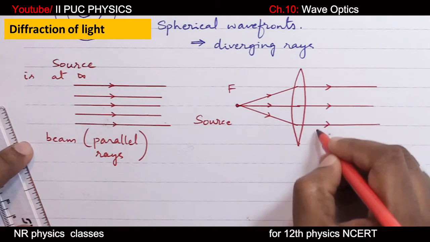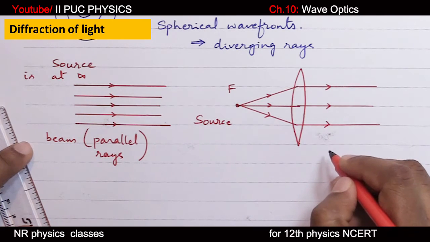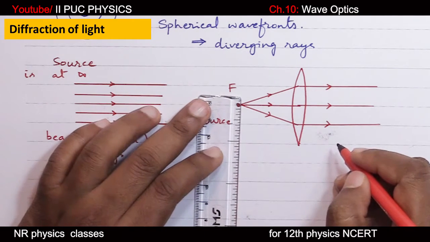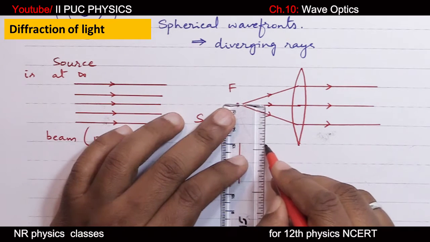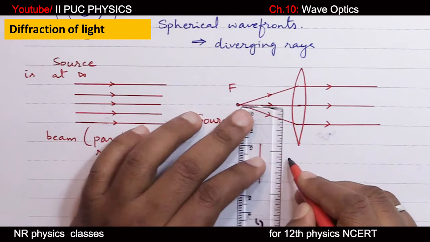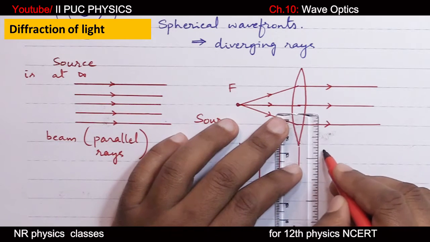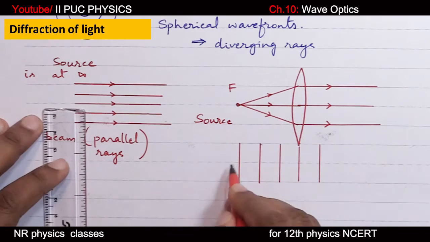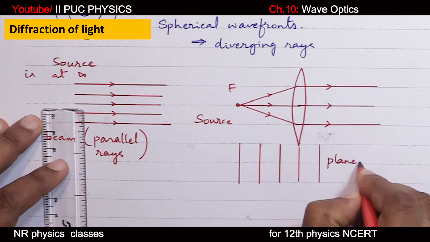The same parallel beam of light or parallel rays are represented by wavefronts. So these are the wavefronts. If we draw lines parallel to each other and straight, then they represent plane wavefronts.